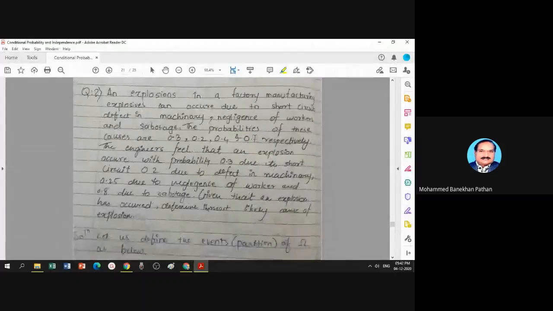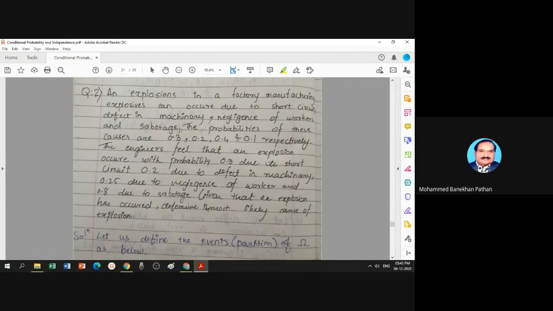We have question number 2 related with Bayes theorem. An explosion in a factory manufacturing explosives can occur due to short circuit, defect in machinery, negligence of workers, and sabotage.